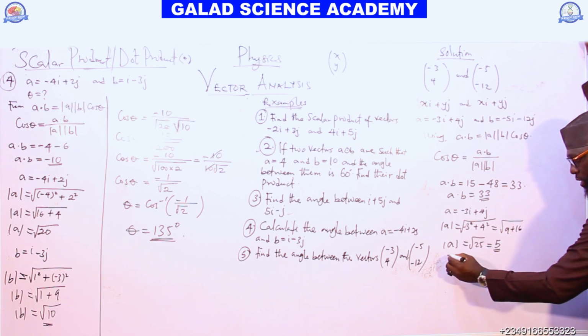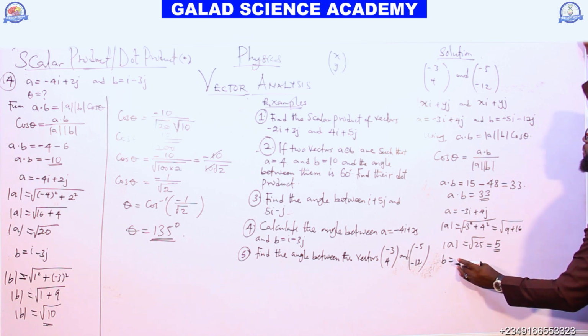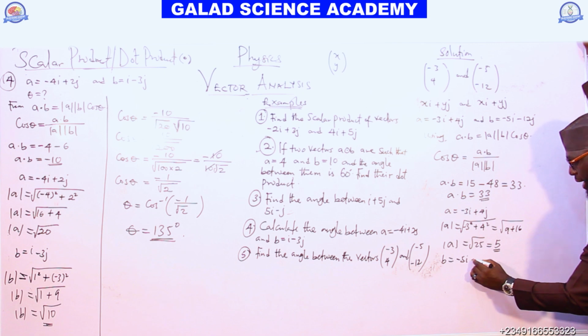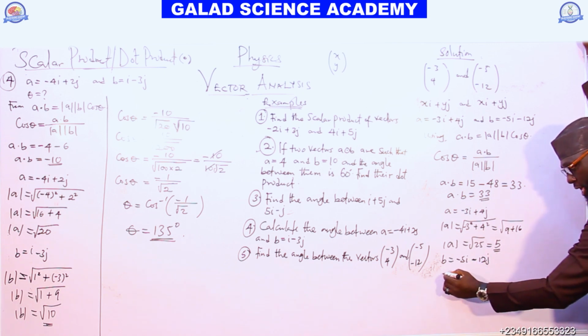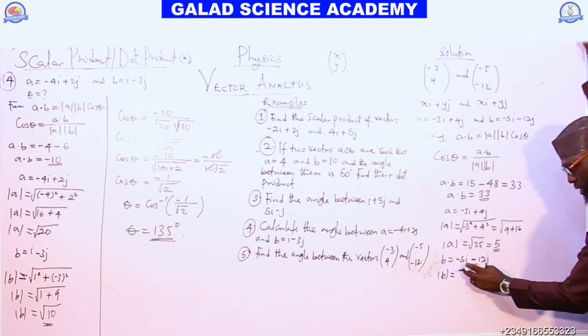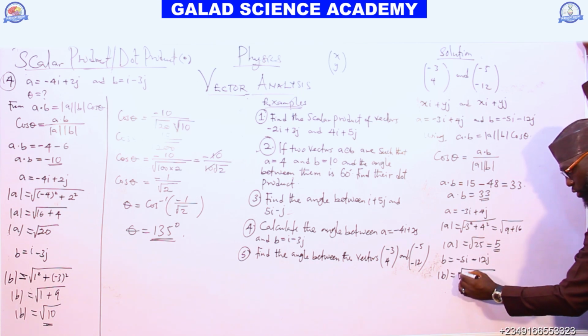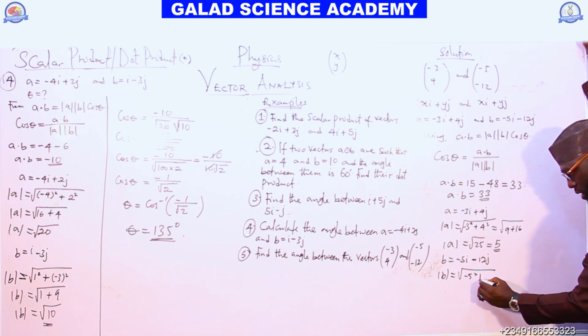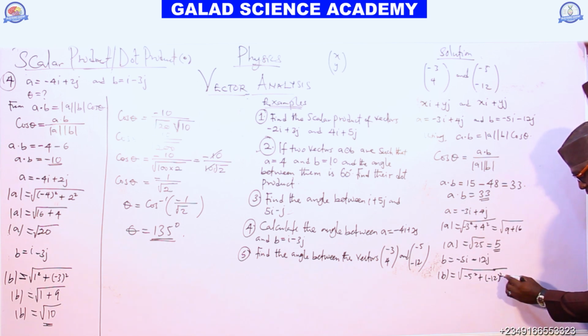And the next one is B. Our B is minus 5i minus 12j. The B magnitude will be the square root of minus 5 squared plus minus 12 squared.